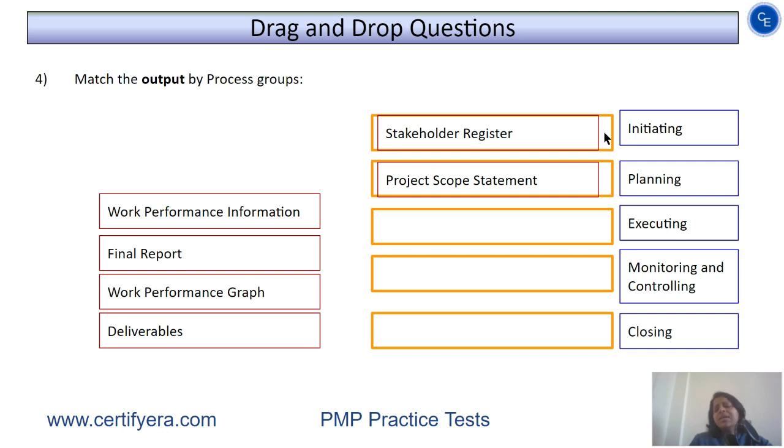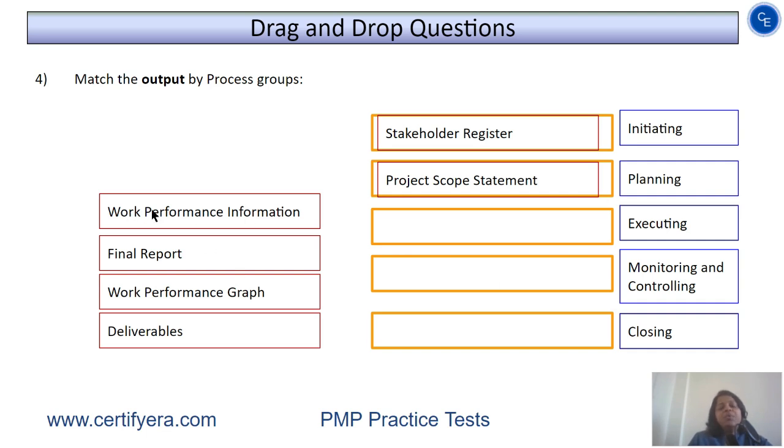No doubt that we also keep on updating this document throughout the project life cycle as and when there are any changes in the stakeholders of the project or when new stakeholders get added. But for the first time, we create this document while we initiate the project.